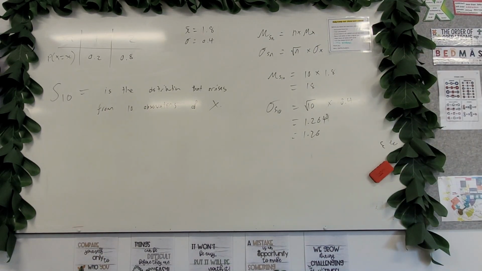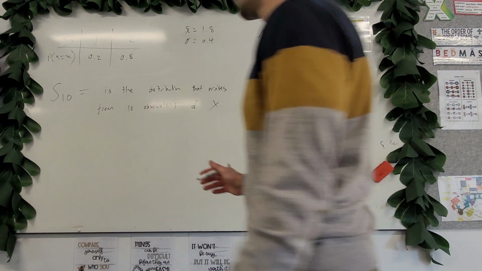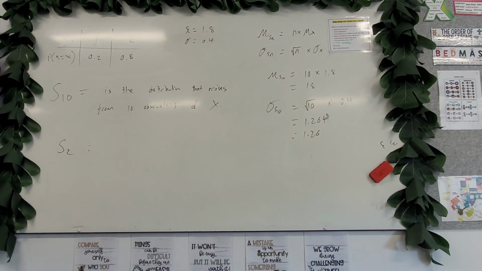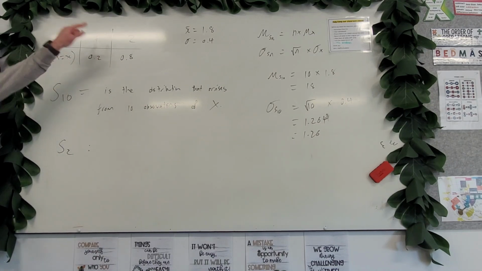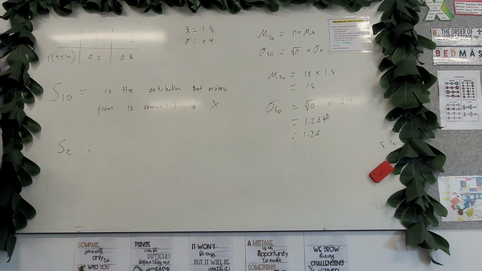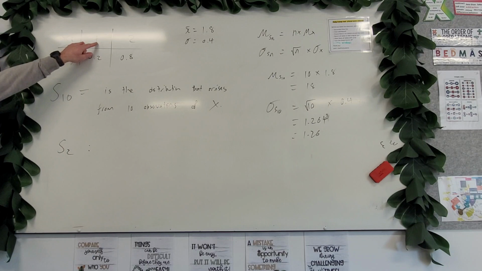All right, state the possible values of S2. Okay, so the possible events that can occur when we take 2 observations and add them together. Now, the lowest event that we can possibly get would be if we got a 1 and then we got a 1 again.